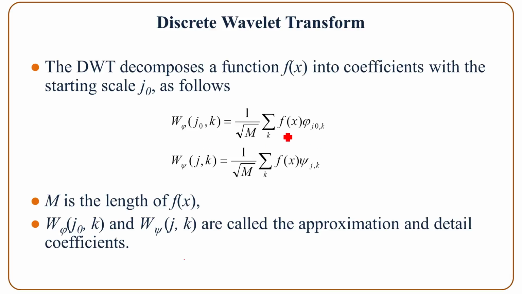It decomposes a function phi of x into the coefficients with the starting scale j naught. So you get the approximation and the detail: the approximation coefficients and the detail coefficients. And j naught is the starting level, the starting scale.